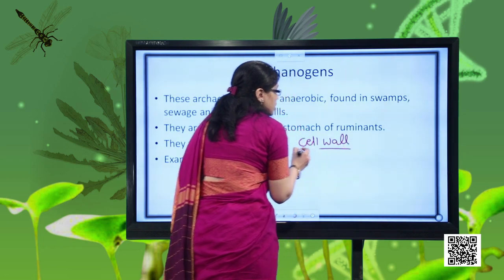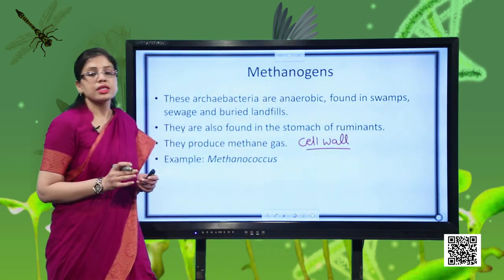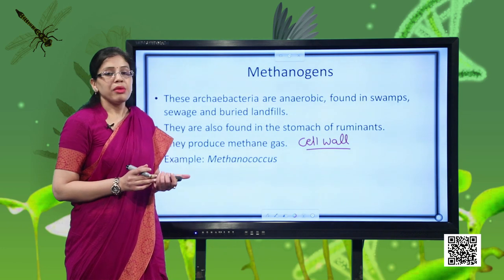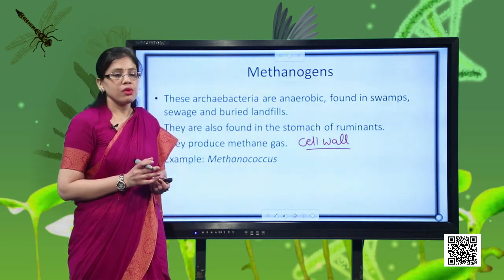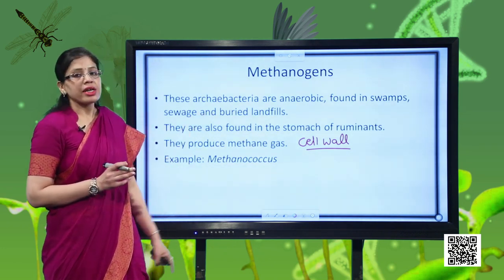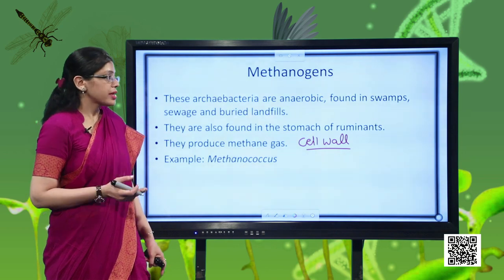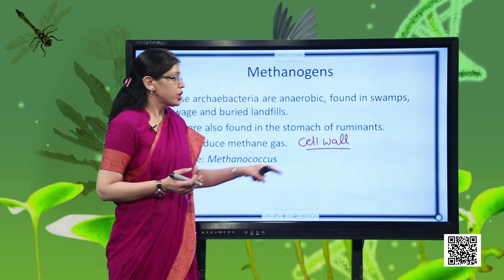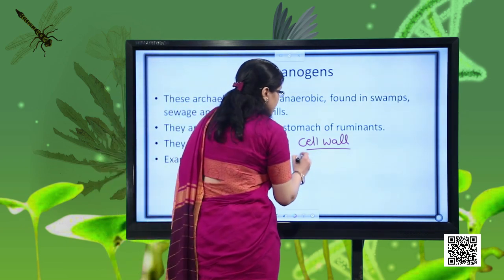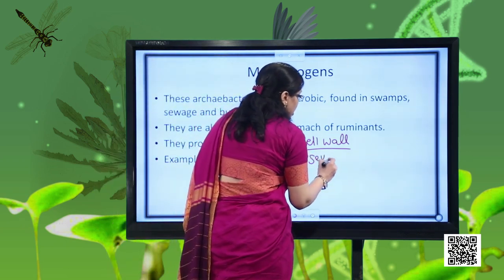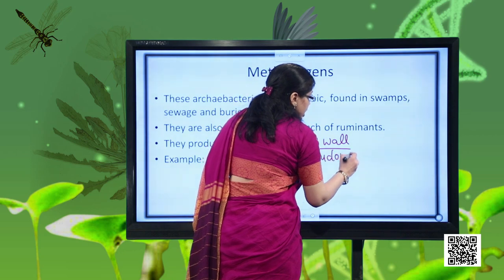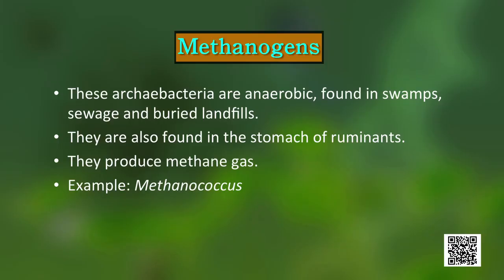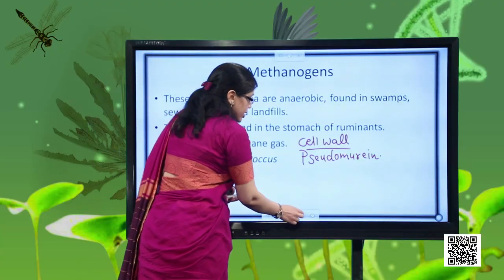In the beginning of the classification, 5 kingdom classification, I had told you that bacteria, they have peptidoglycan cell wall, but in case of Archaebacteria, the cell wall composition is slightly different. They have pseudomurein. Peptidoglycan is also known as murein, but here the cell wall structure is slightly different. It is pseudomurein, and that is why they were able to survive in harsh situation. So with this we have completed the topic Archaebacteria.